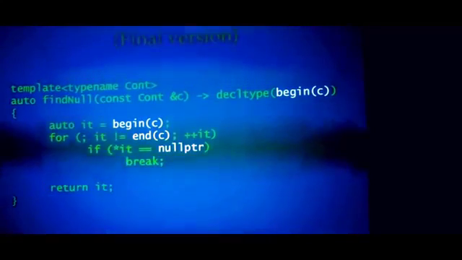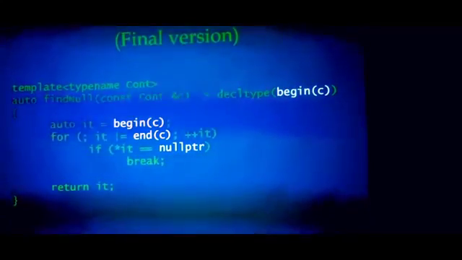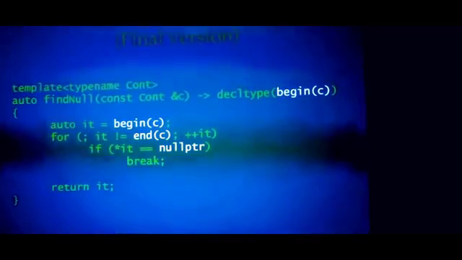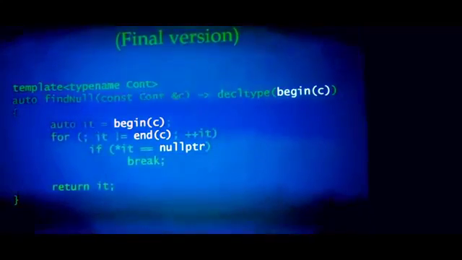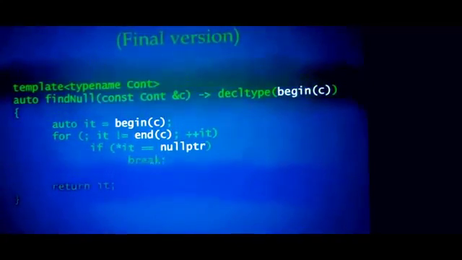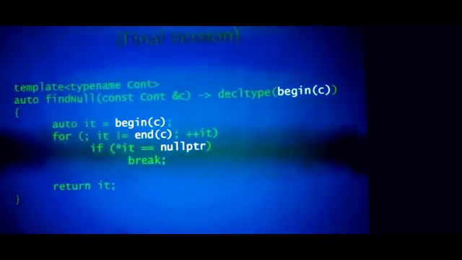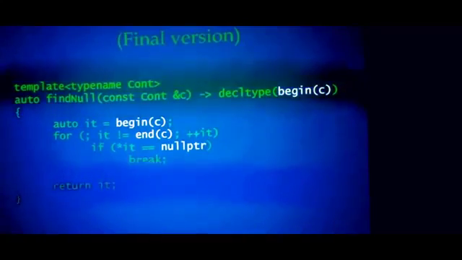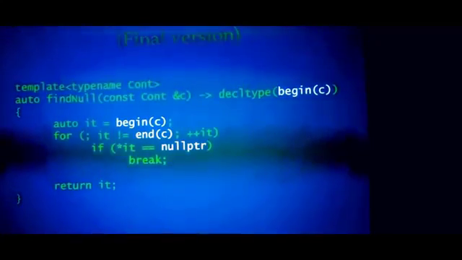Yes? You said the begin and end will work with native arrays. What about the iterator? Okay, so the question is, will non-member begin and end work with iterators? Why would you apply them to an iterator? Well, if this is a template and it's applied to a native array type, for instance.